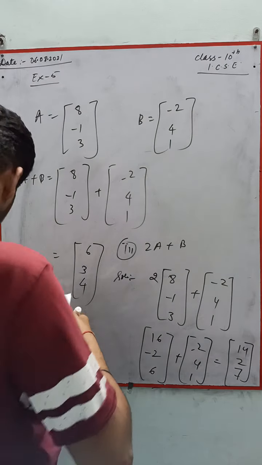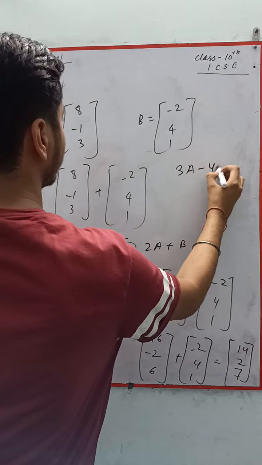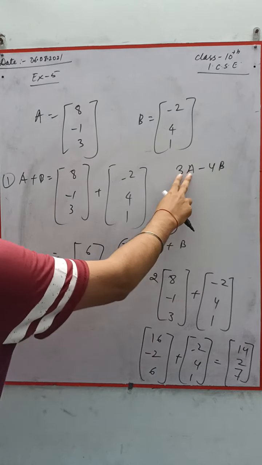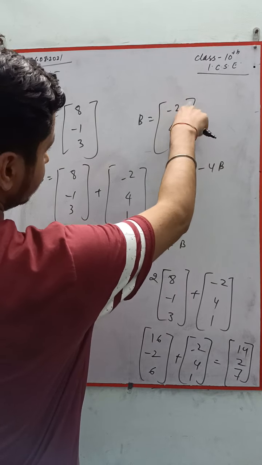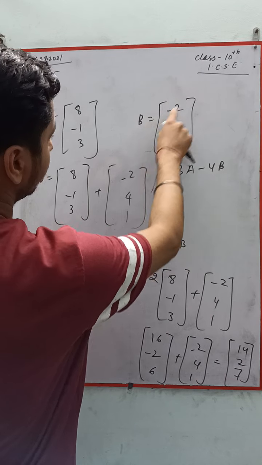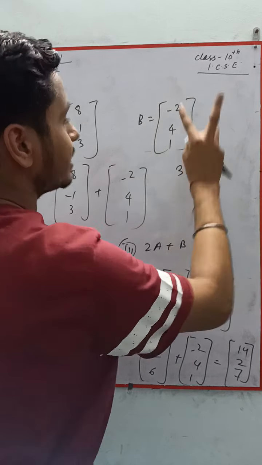Can we just compute 3A minus 4B? First you multiply 3 with all these elements and 4 with all the elements of B, because this is 4B, so 4 will be multiplied with each and every element, and subtract them.